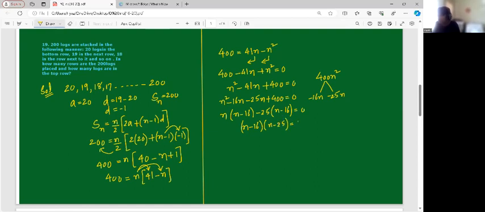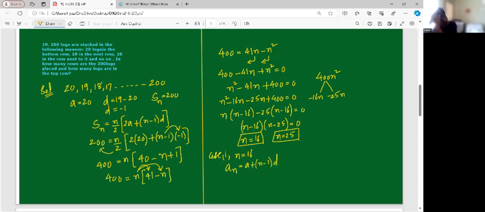So we are getting two values of n. n is equal to 16, we are getting one case, and n is equal to 25, we are getting the second case. But out of these two, only one value is possible. We have to check which value is possible. If you take n is equal to 16, the first case, we substitute in our formula an is equal to a plus n minus 1 into d.